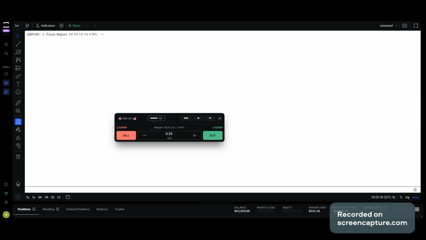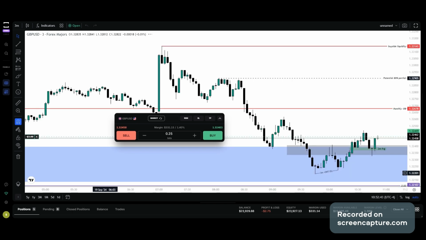Now we're at the 10, we're in the 1050 to 1110 macro. I like to see price start to get really animated to the upside now.